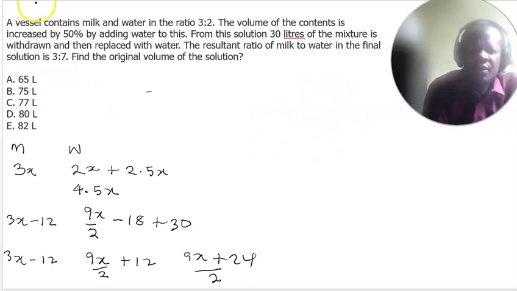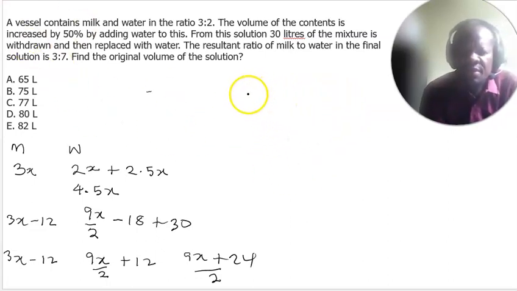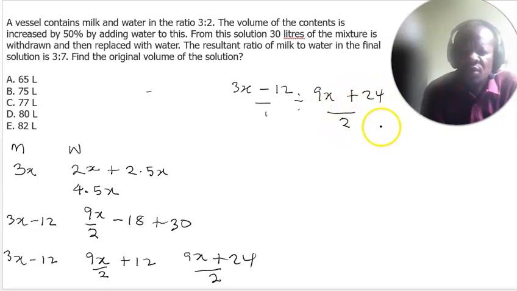So let's now generate our equation. The ratio of milk to water will now be 3x minus 12 over 1, divided by (9x plus 24) over 2. So that ratio is 3 to 7.